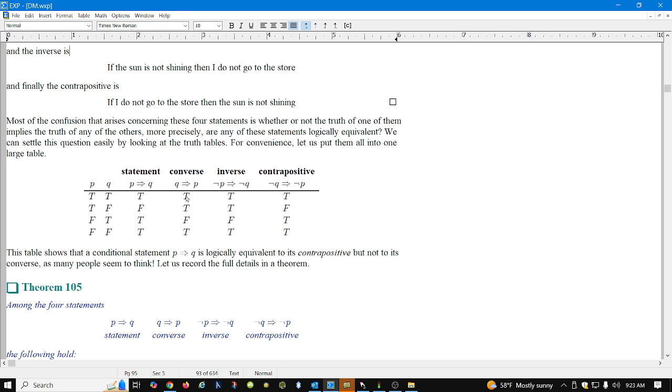And this is something else that I hear occasionally from people, news people, other types I'm listening to. They will say, in effect, well, since P implies Q, Q implies P. And that's garbage.